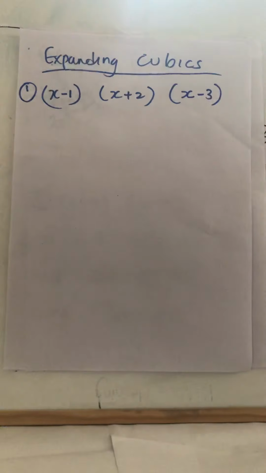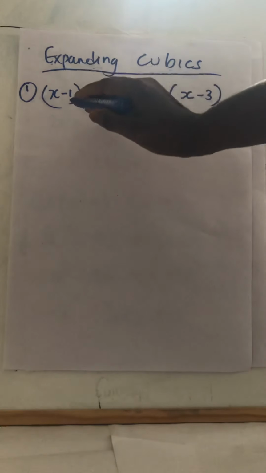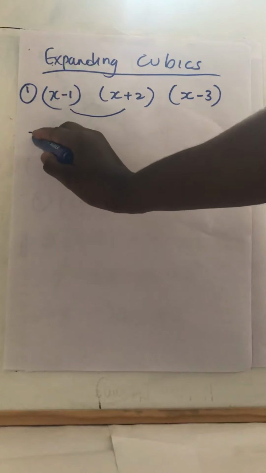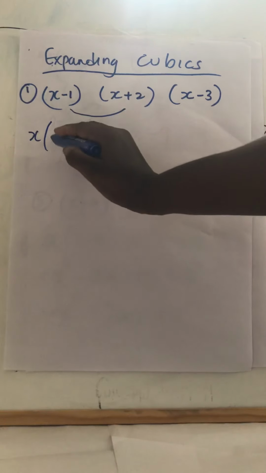So you can decide to expand this and this, this and this. It doesn't matter how you expand. Just decide how you want to expand. I'm going to expand one pair of brackets. I have decided to expand this one first. So I'm going to do the same thing that we normally do.